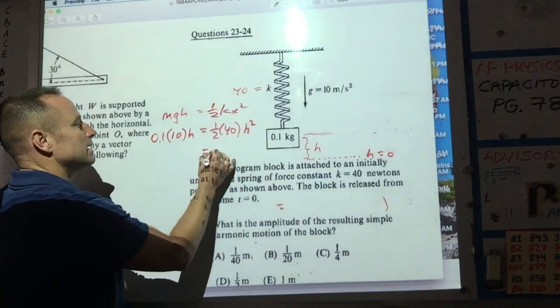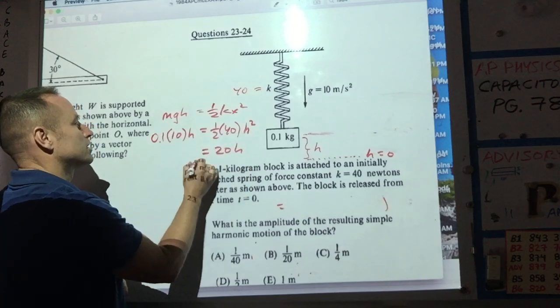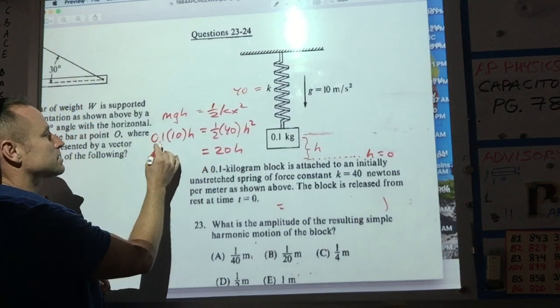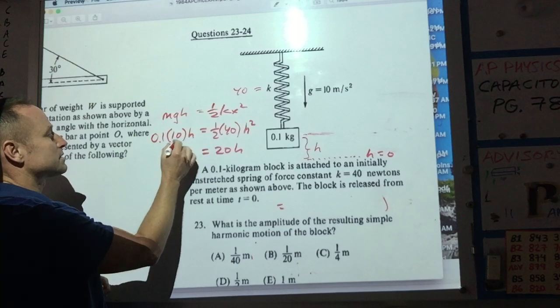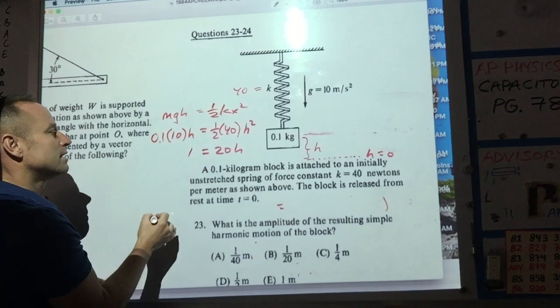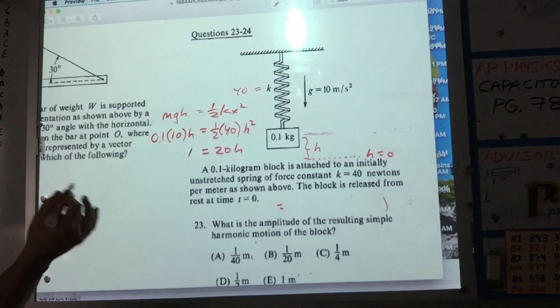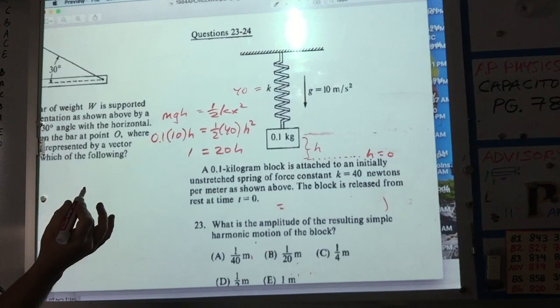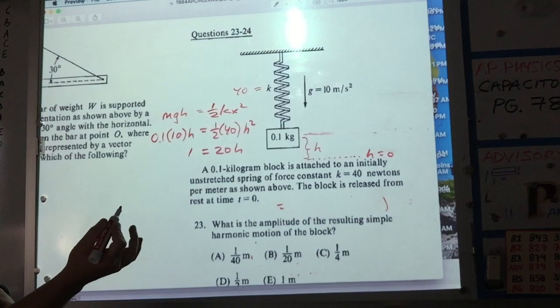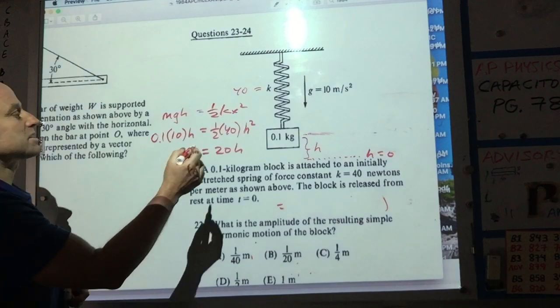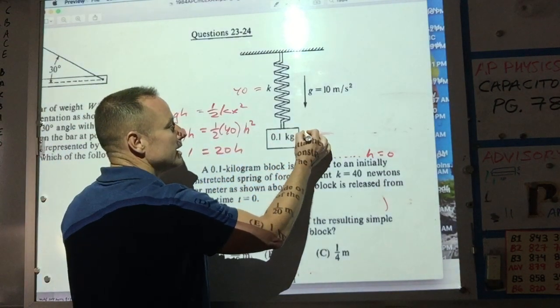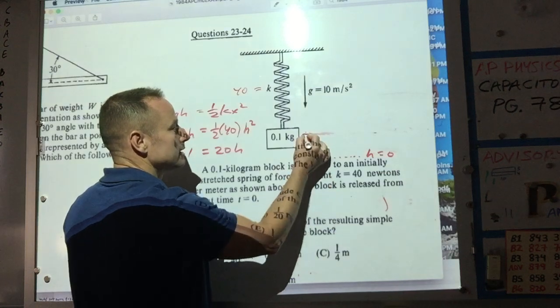So this is going to be 20h squared equals 1. So h is going to be 1 over 20 meters. That's how far down it's going to fall from this point.